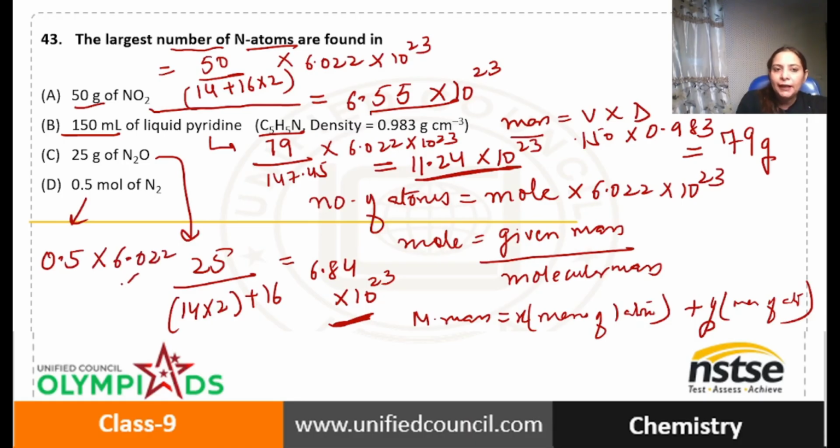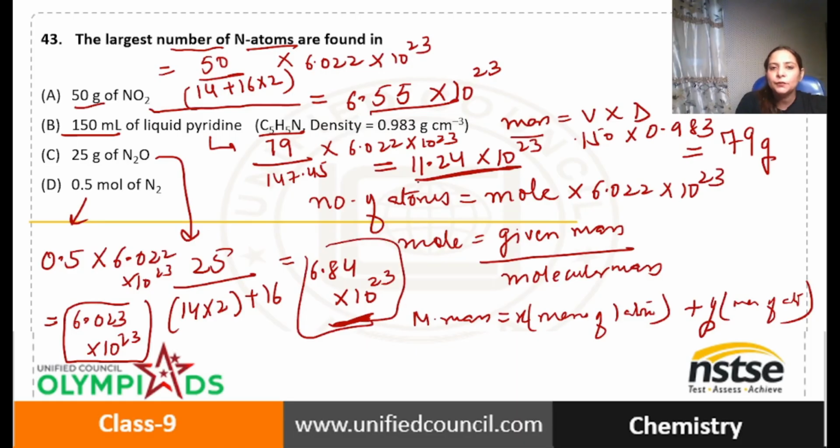Multiply directly with Avogadro's number and you will get the fourth one as 6.023 into 10 raised to power 23. If you compare all these 4 numbers of atoms, you will find that it is maximum for option B, that is pyridine. So this way you need to find it out.